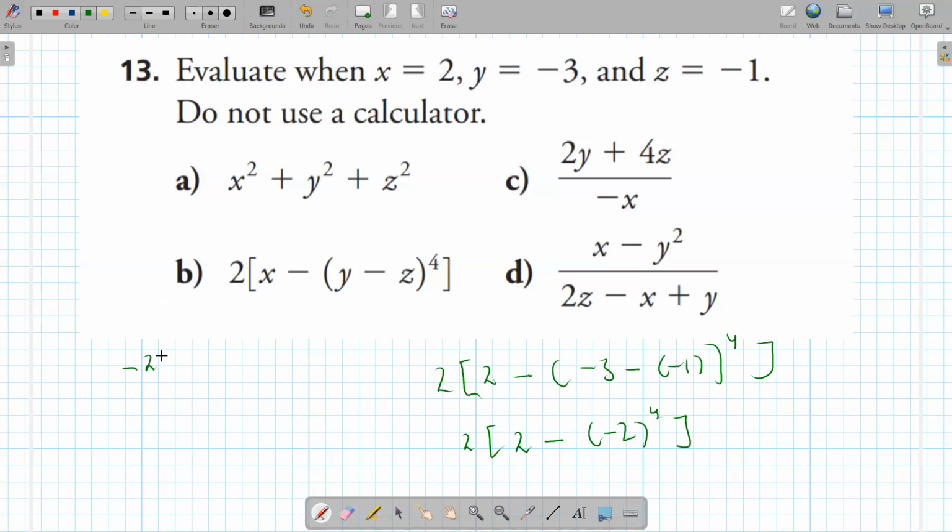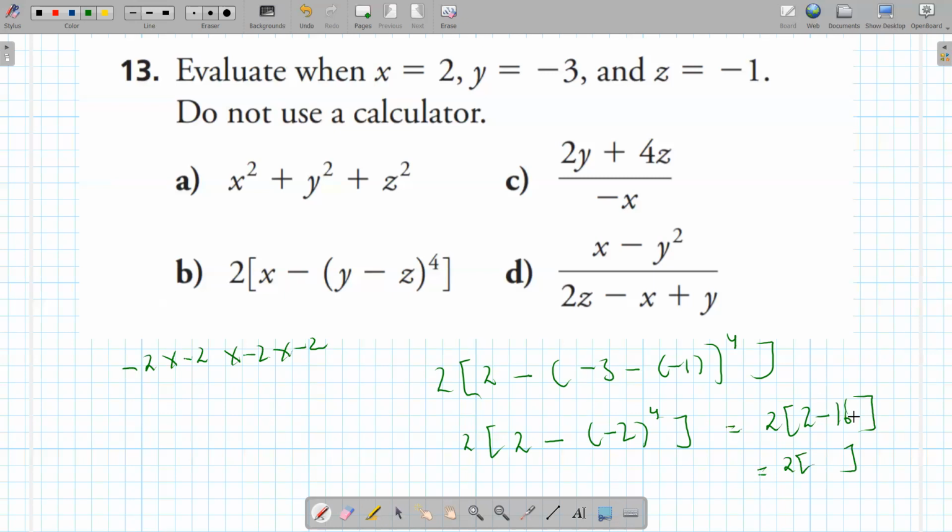You just have to do negative 2 times negative 2 times negative 2 times negative 2. Is it 16? It is. So you have 2 times 2 minus 16. What's 2 minus 16? Negative 14.